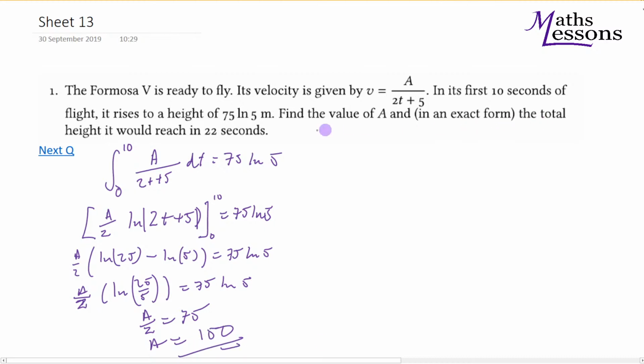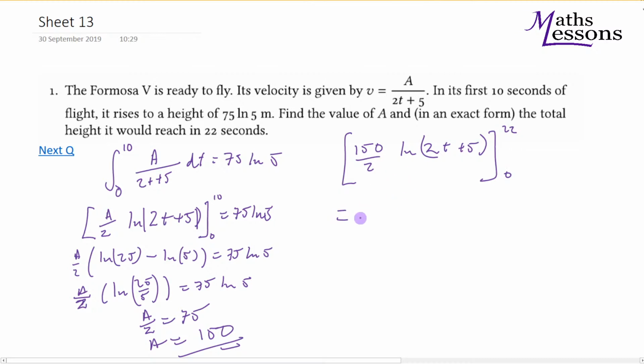So we found that, and we want to find the total height it would reach in 22 seconds. So what we can do is jump straight to this stage and put 22 as our top limit. So we've now got 150 over 2 natural log of 2t plus 5 between 22 and 0.